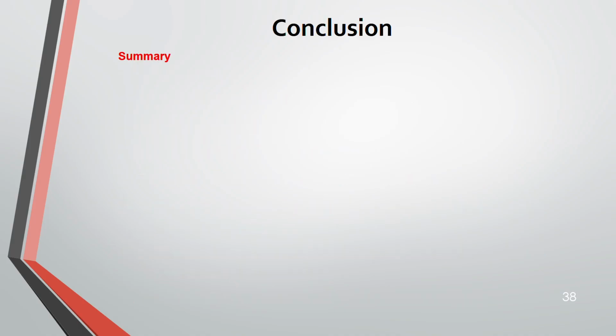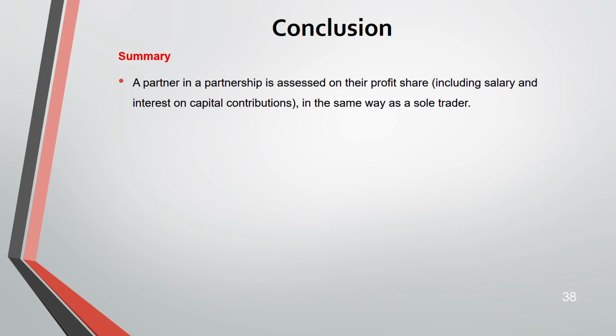So let us summarize. We have started with the profit share. A partner in a partnership is assessed on their profit share in the same way as a sole trader. In the partnership, two things, salary and interest on capital contributions, are there. They are not expenses.